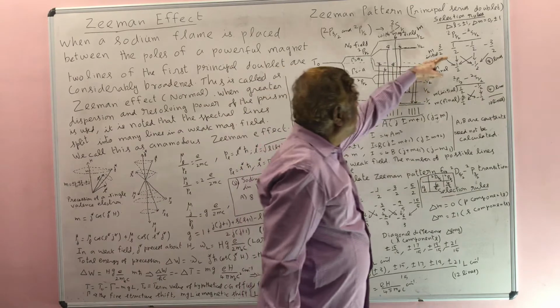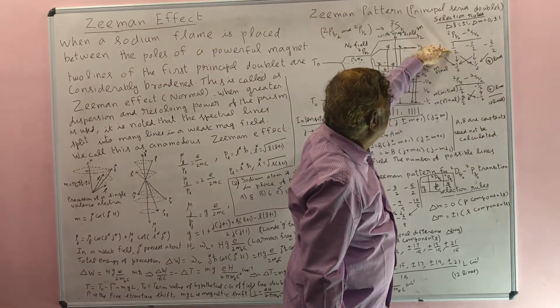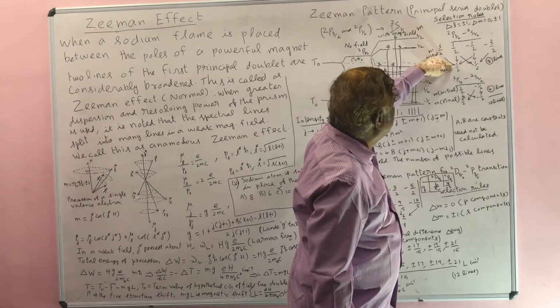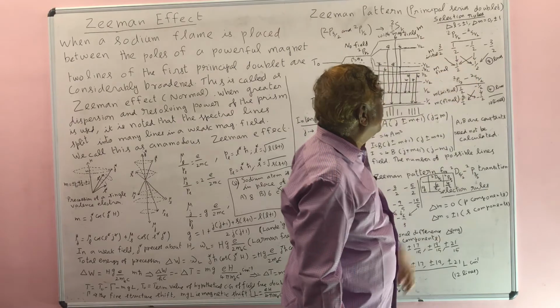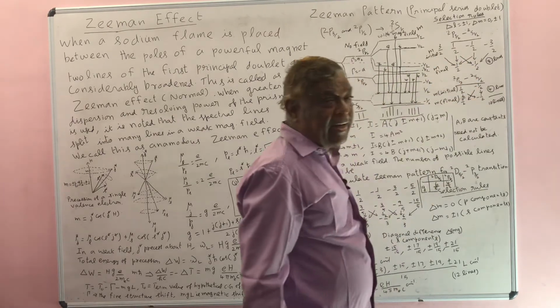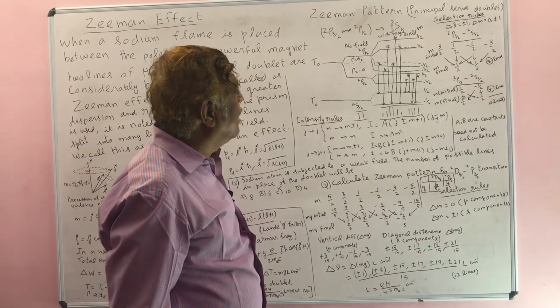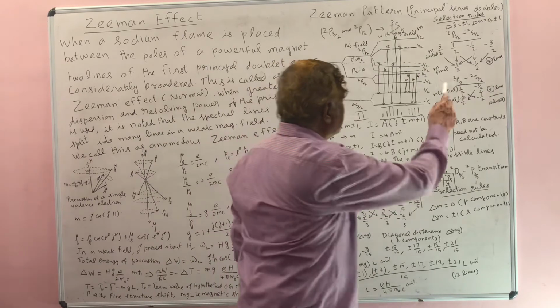The vertical line represents delta M equal to 0, because this is half and this is half, the same value. The slanting or diagonal line represents delta M equal to plus or minus 1. So you are having 6 lines.